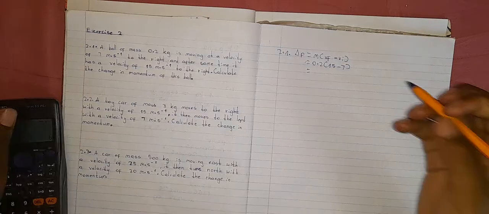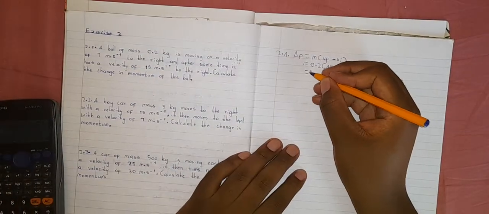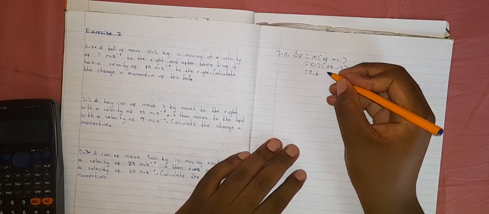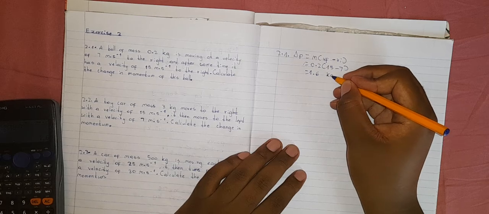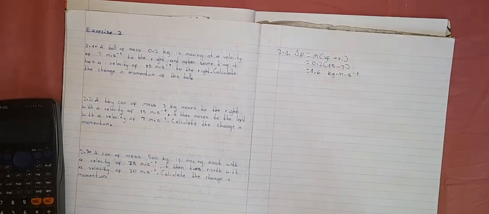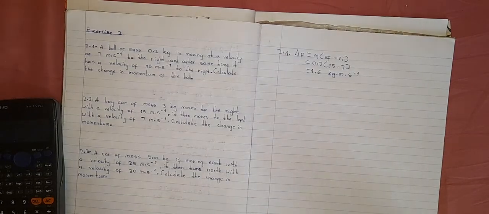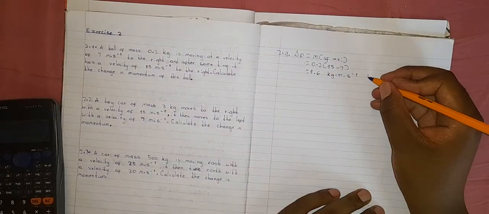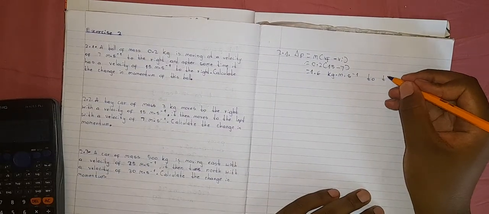I get an answer of 1.6 kg per meter per second. And since momentum is a vector quantity, we say to the right.